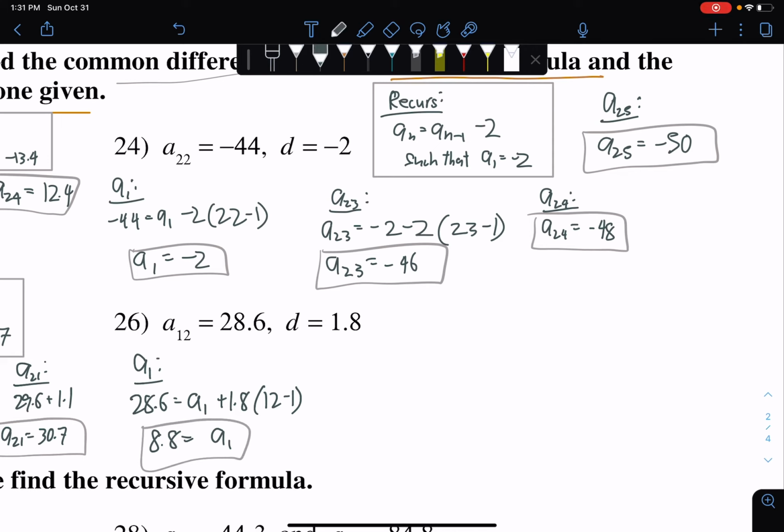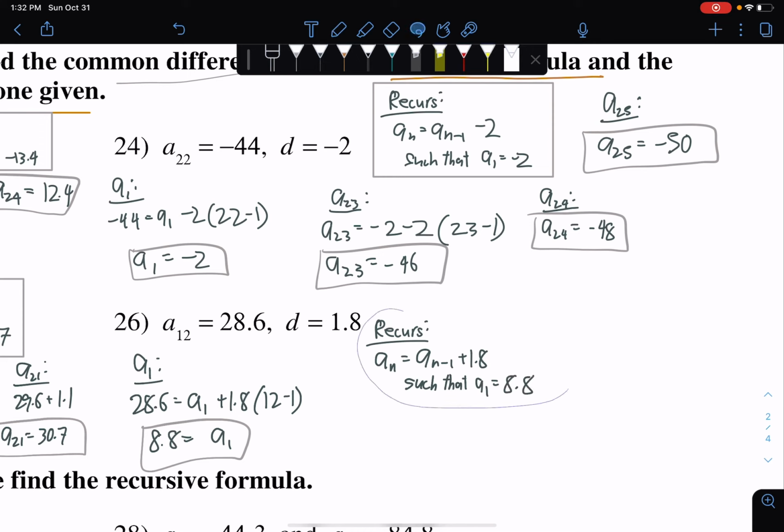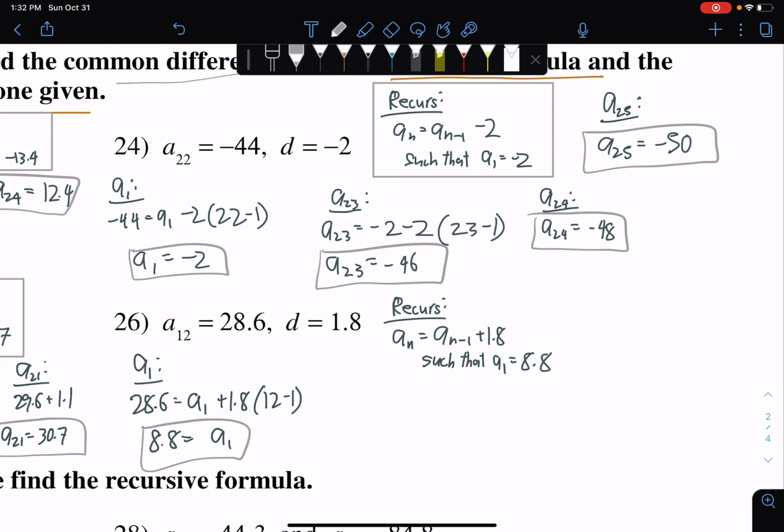Alright, so for the recursive, a sub n is equal to a sub n minus 1 plus 1.8 such that a sub 1 is equal to 8.8. Let's move this here. Okay, there you go.